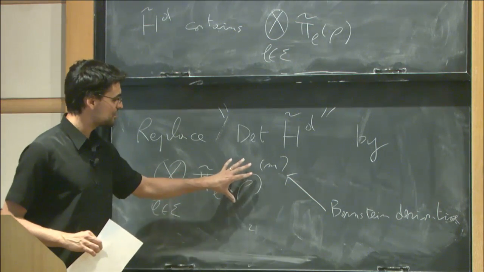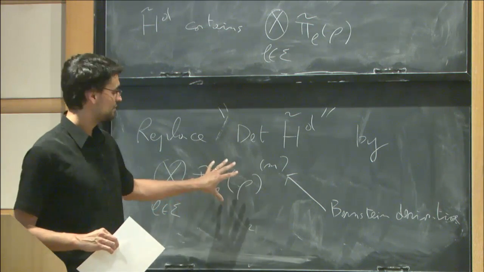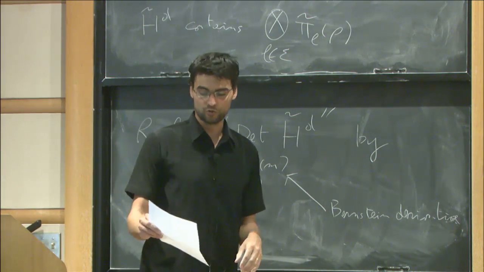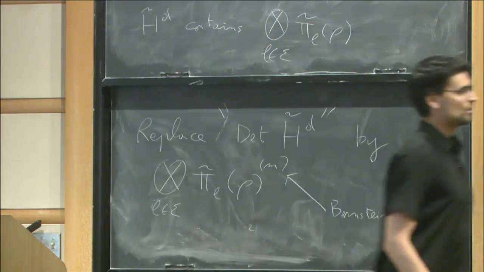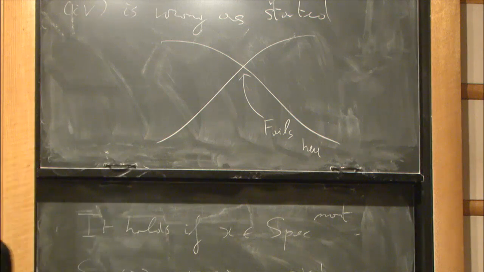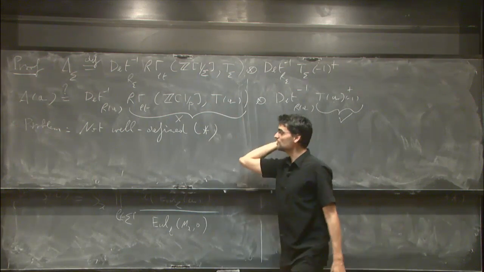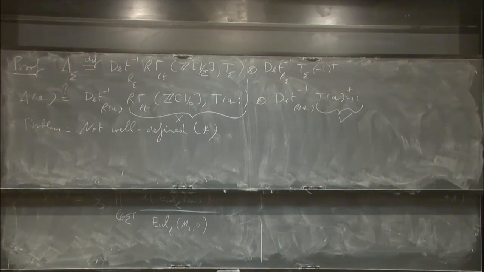And in order to check that this makes sense, you need the result of Emerton and David Helm on the p-adic interpolation of the local Langlands correspondence. And then for that definition, you recover this property even at this point x. Because now both objects do not commute with specialization, but they do not commute with specialization in a way that compensates exactly. And so we recover the theorem. And now I stop.